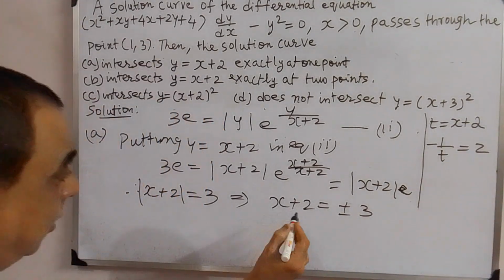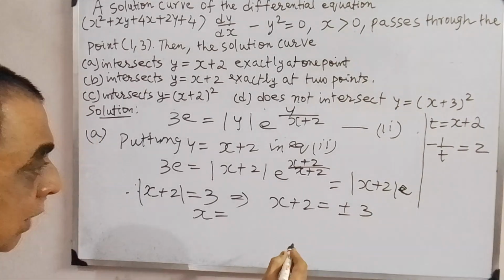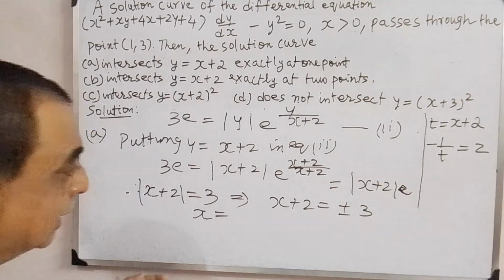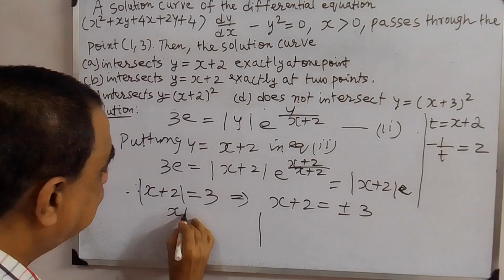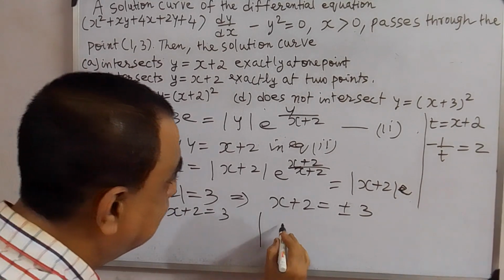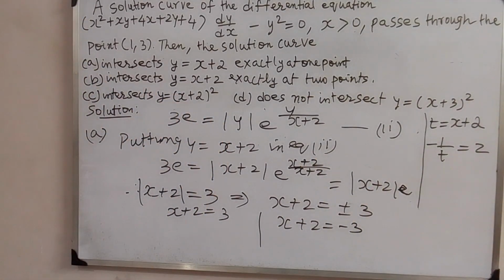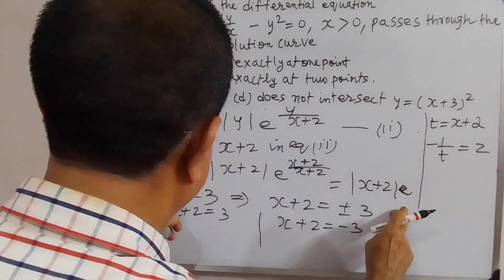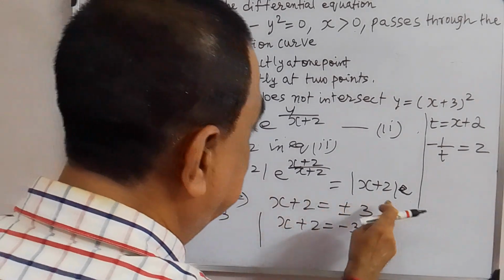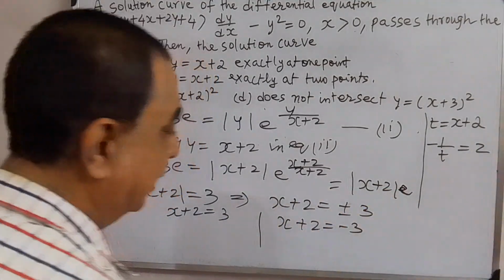So what will we have now? Here we are getting two values of x: one when x plus 2 equals plus 3, and the other when x plus 2 equals minus 3. The power of e is already 1 on both sides, so the coefficient of e on both sides should be equal.